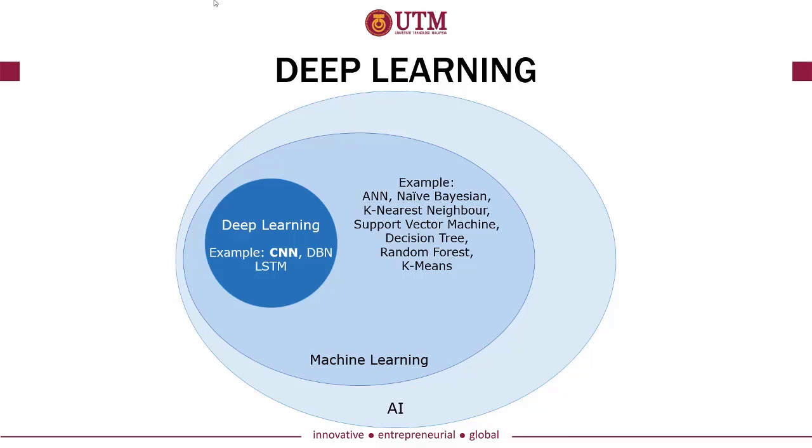Actually, if you refer to some resources, we cannot say deep learning is the same as deep neural network, because a deep neural network is one example approach of deep learning. Deep learning is just a term used to show that your computer's learning process is very deep.